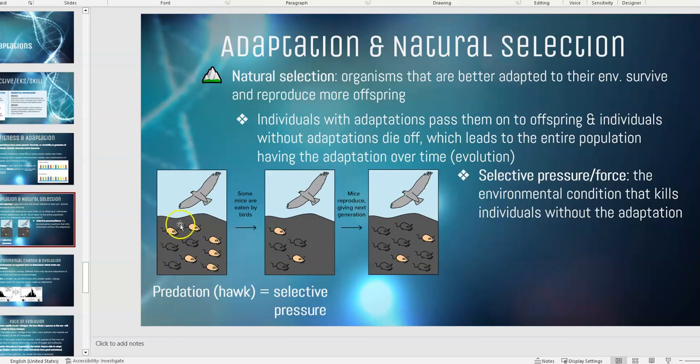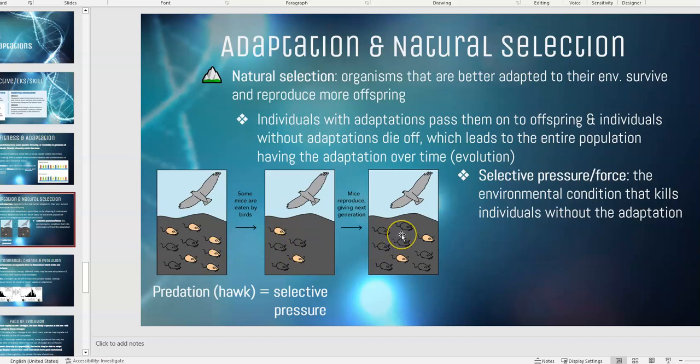For example, these mice have different color. In the genome, it really is no advantage to having different color fur to the mice, except when there is pressure from predators. The predators can see the light-colored mice and not the dark-colored ones.